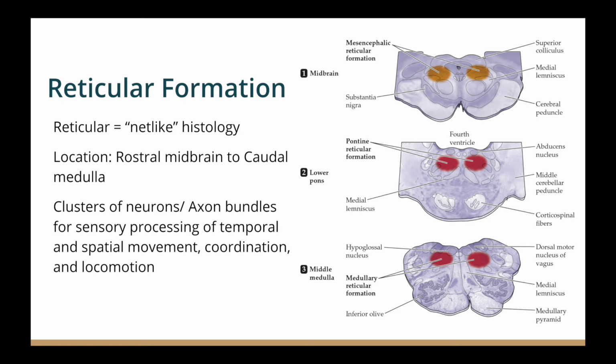The reticular formation is also considered a net-like term within histology, located in the rostral midbrain to the caudal medulla. In the figure to the right, we can see bundles of neurons of the reticular formation within the brainstem of the midbrain, lower pons, and middle of the medulla.